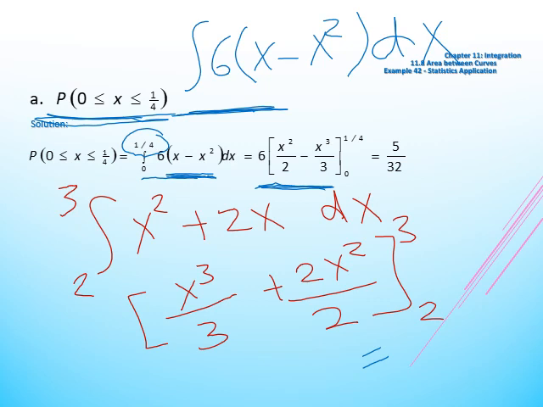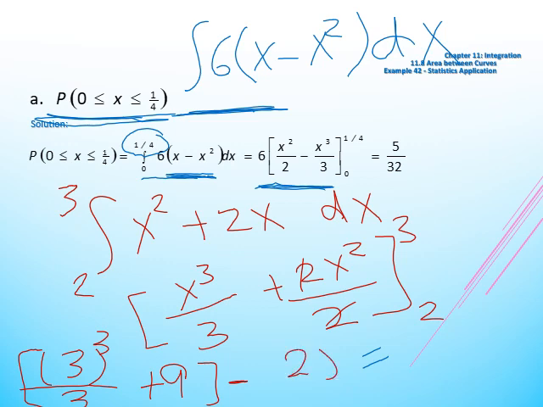Now we will substitute using 3, then 2. So here it will be 3 to the power 3 over 3 plus 3 squared, which is 9, all this minus 2 to the power 3 over 3 plus 2 to the power 2.